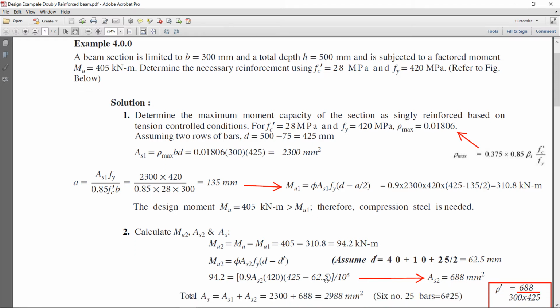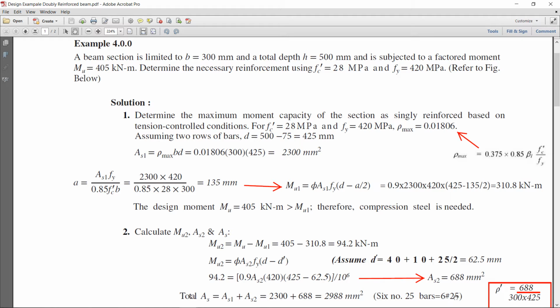Now the total steel which we will provide in the doubly reinforced beam will be area of steel 1 plus area of steel 2, 2300 plus 688, equal to 2988 millimeter square. So we can provide 6 number 25 bars as per the US customary unit system.